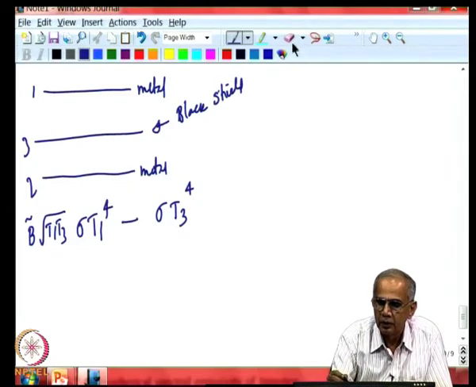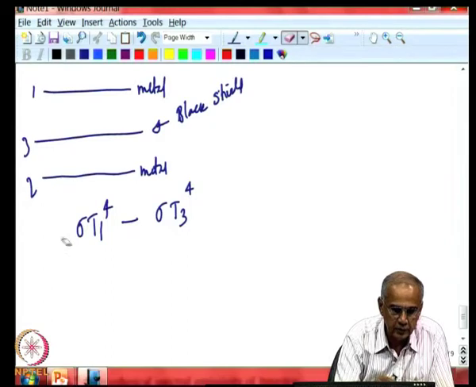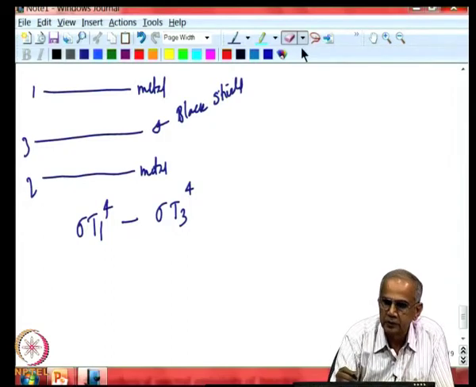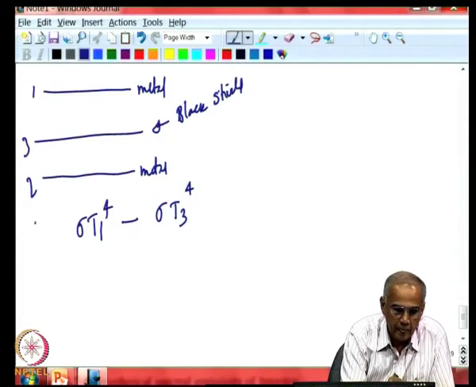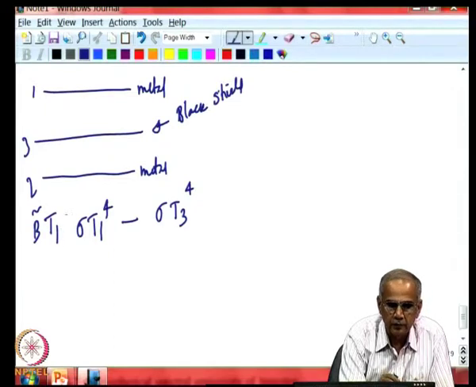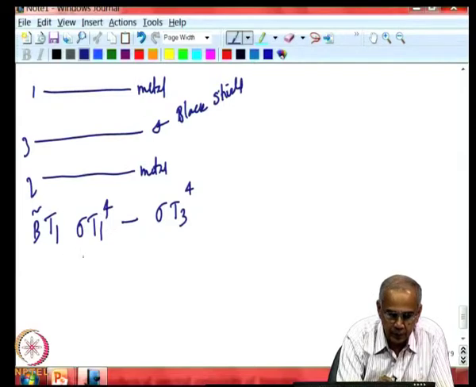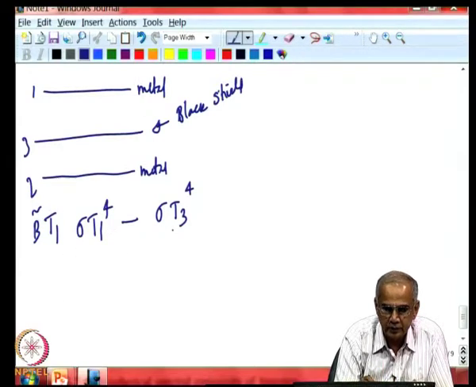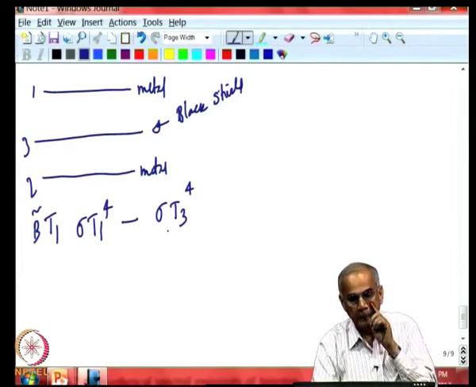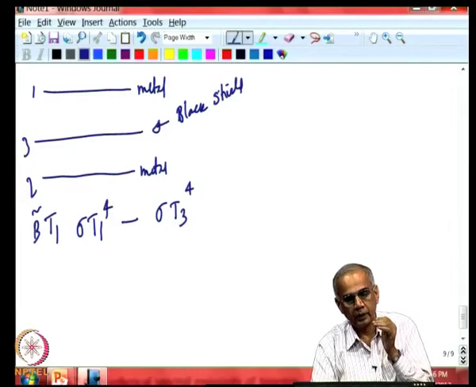What is emitted by 1 is B delta T 1, that is the emissivity of metal times the black body emission, minus what is emitted back by 3. So, if you are doing a heat balance of 3, this is what 3 will absorb.